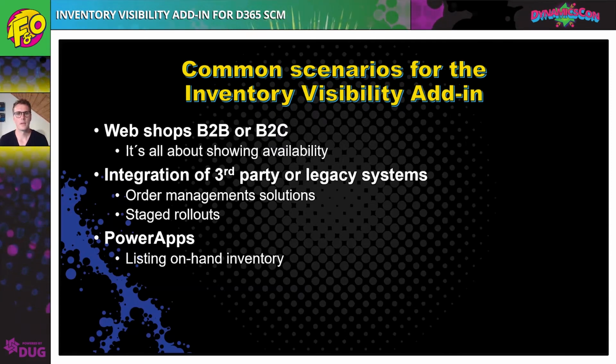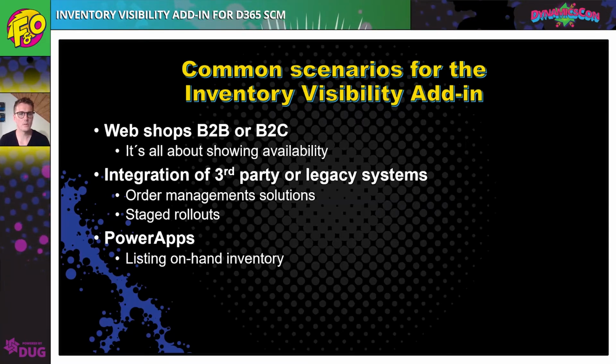So if a user of an end customer or a related business comes into the web shop and queries for an item, then they want to see if it is available or not. And so this one always asks F&O what availability, what on-hand inventory is present in F&O. And so this one is one of these scenarios.